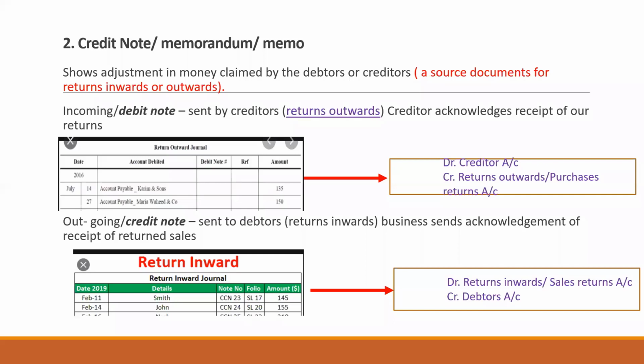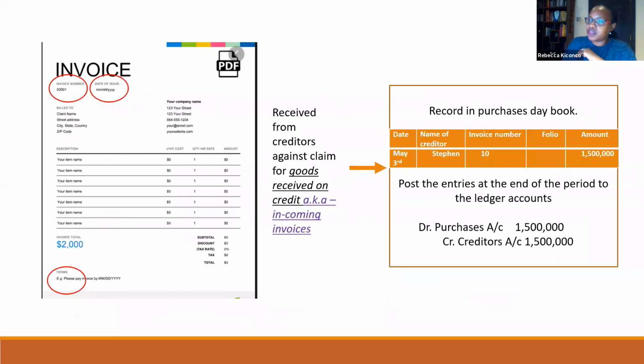Your question is, do you put the information in the invoice and also put it in the sales day book? No. The source document is a document upon which you get information. If you buy goods on credit, wherever you bought the goods, they will give you an invoice.